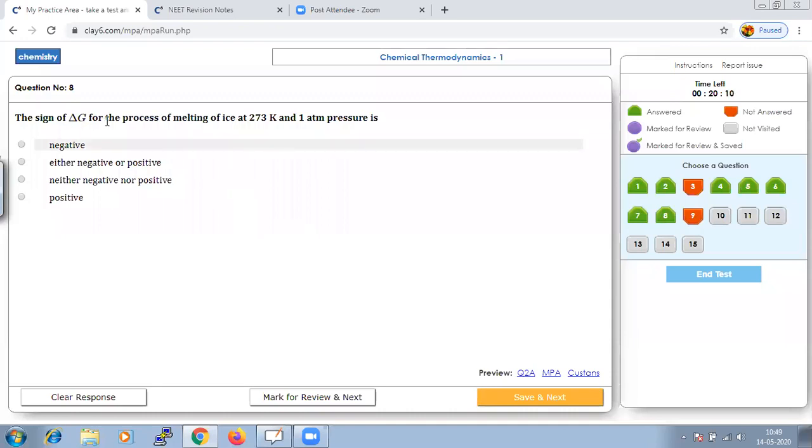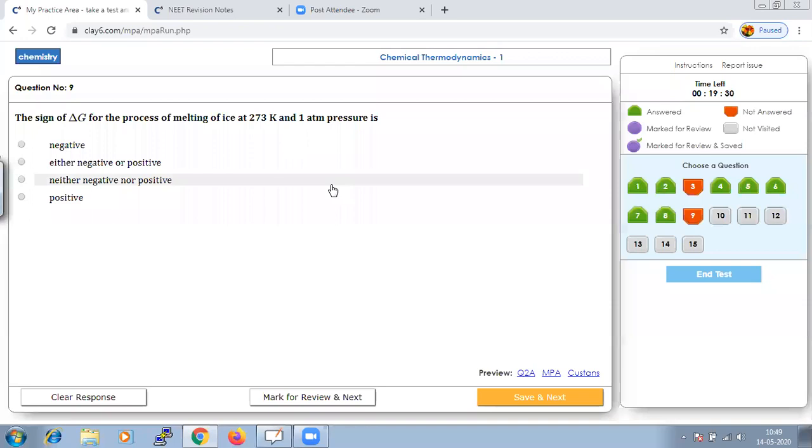The sign of delta G for the process of melting of ice at 273 Kelvin and 1 atm pressure is? What are they trying to convey from that? Melting of ice is a spontaneous reaction, but the condition is above 273 Kelvin, not at 273 Kelvin. So at 273 Kelvin and 1 atm, it should be at equilibrium.